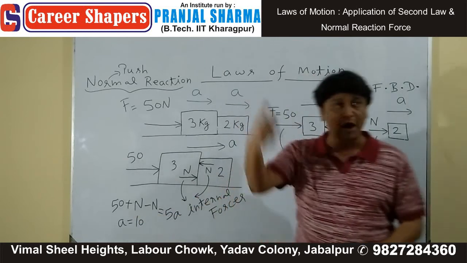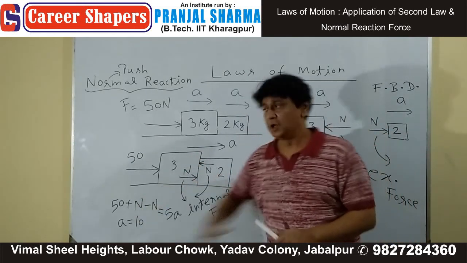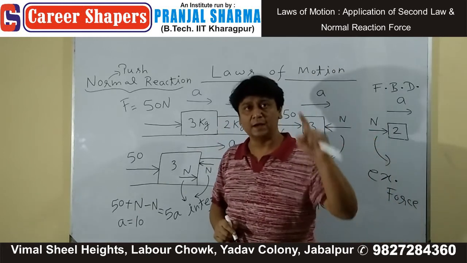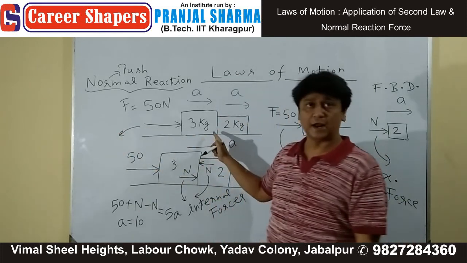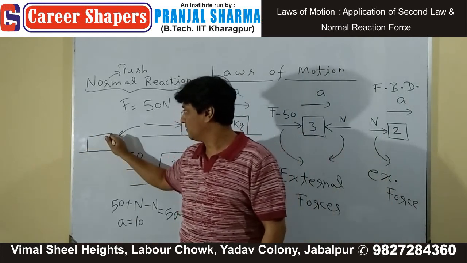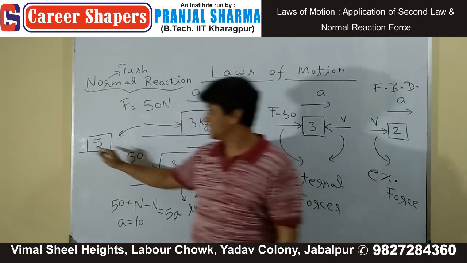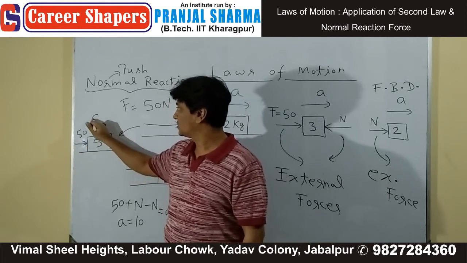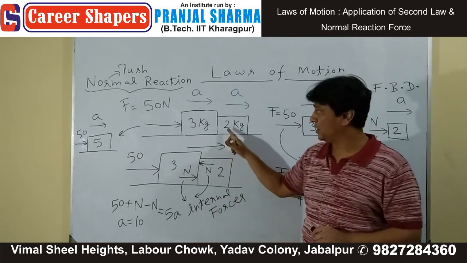And therefore from now onwards, instead of writing this for a setup like this, if we are interested only in acceleration, तो हम क्या कर सकते हैं? हम बोलेंगे कि भाई ये जो फिगर है ना, ये फिगर हमारे लिए केवल ऐसा है, as if we have a body of 5 kg which is under a force of 50 and is moving with acceleration a. 5 नहीं है कौन 3 and 2.